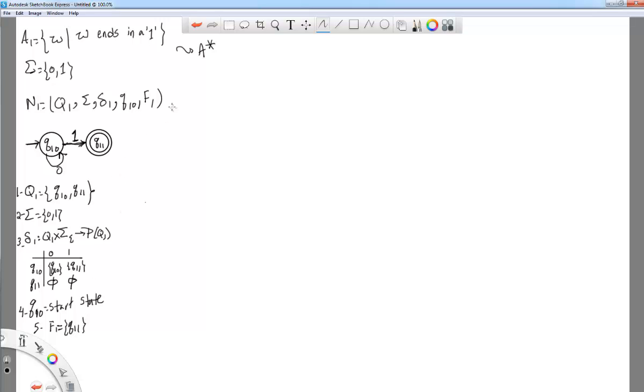So this is my original automaton, and the N that I'm going to build is a 5-tuple: Q, sigma, delta, q sub 0, and F. According to my construction, Q is the newly added q sub 0 as a start state, union with Q sub 1. So this is a q sub 0, a q sub 1 0, and a q sub 1 1.